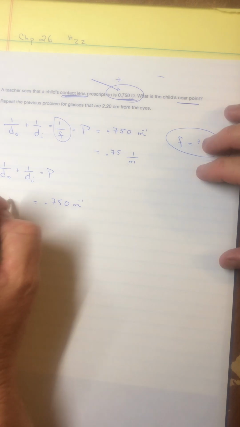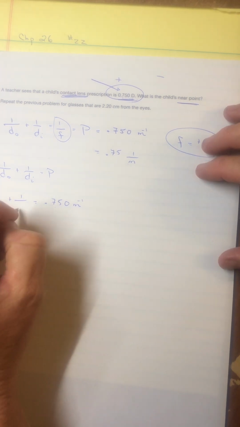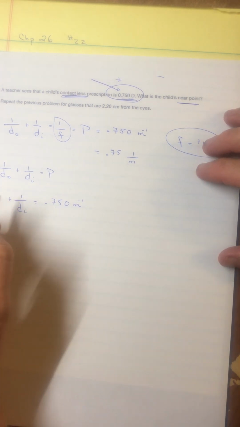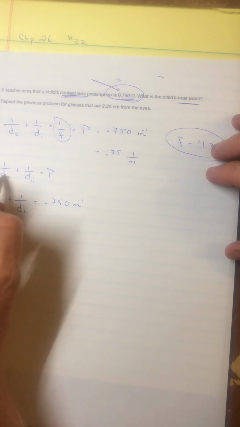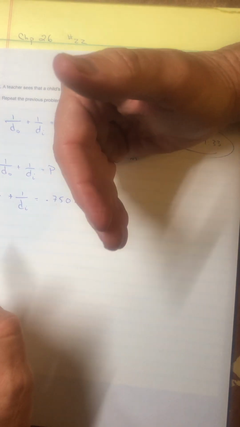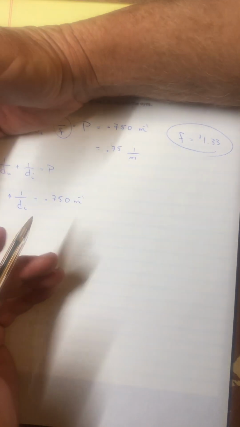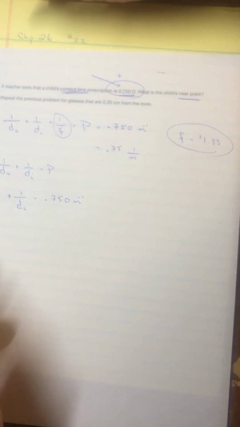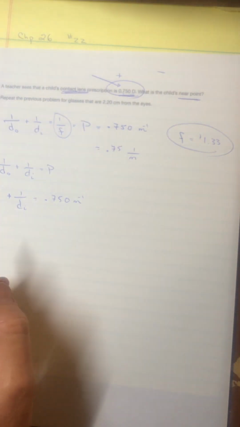And we give them this strength because when they are looking at something close, we want to make that thing close but appear further away so that their natural eye can see it.